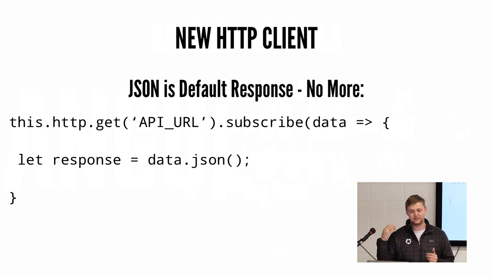So the Angular team decided to set JSON as the default response. You no longer have to do let response equal data.json to parse it properly. When you make an HTTP request, the data comes back as JSON by default, and you can transform it if you need to. And if you are working with XML or some other response type, you can set it now. So JSON is the default, but you can change it around.